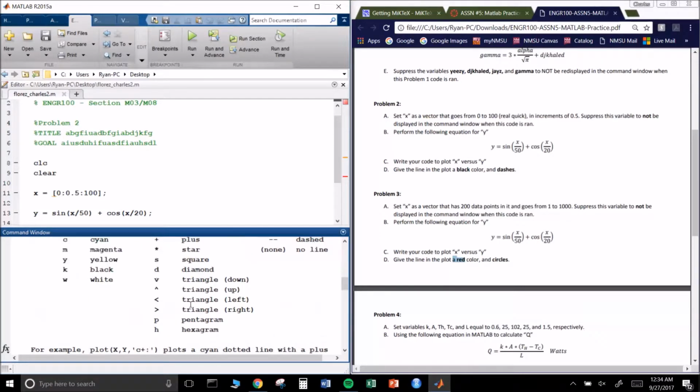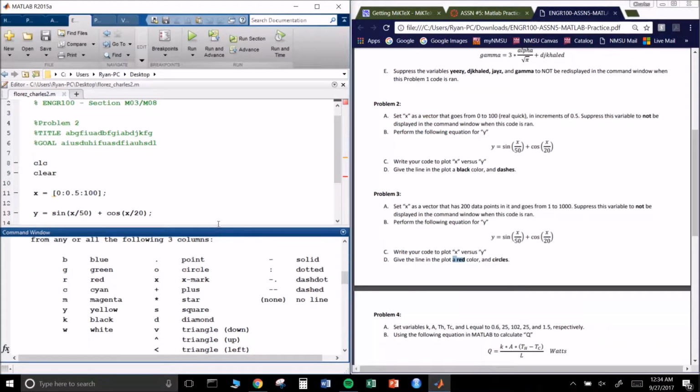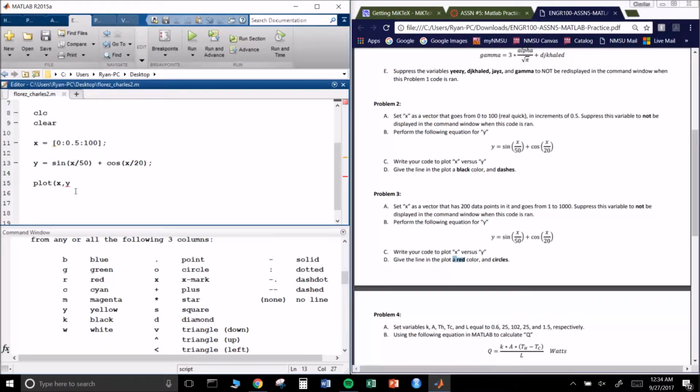So with plot, if I have a comma here, and whatever I put in here with an apostrophe, this is what's going to change how my plot is going to look.